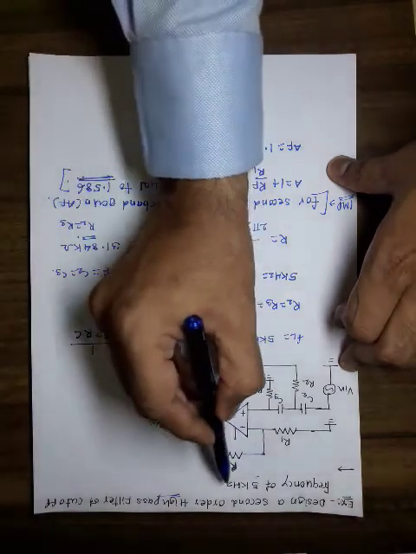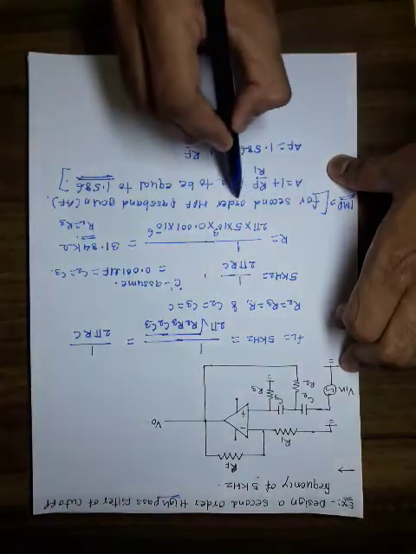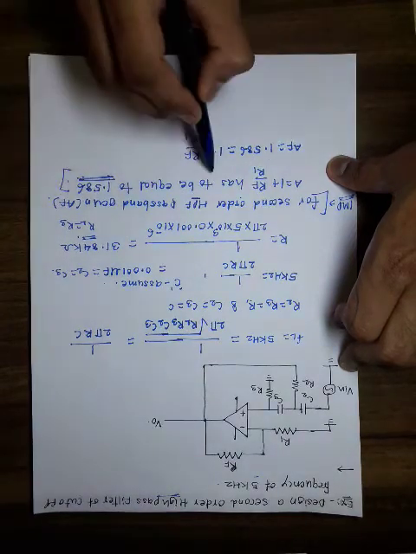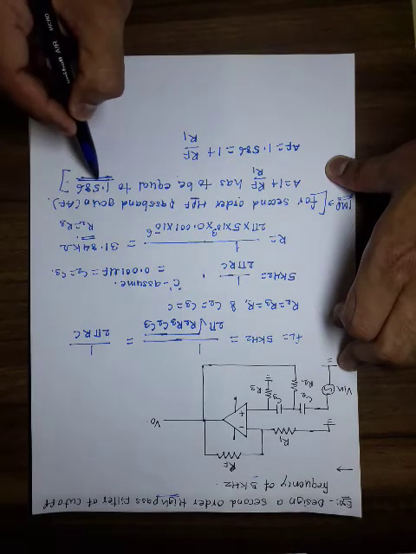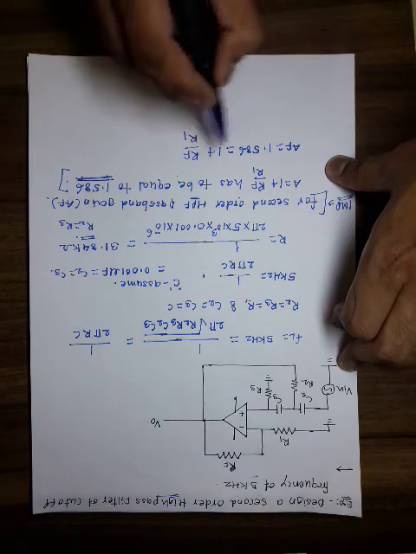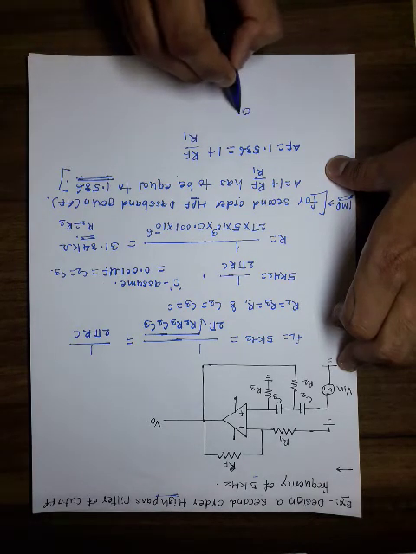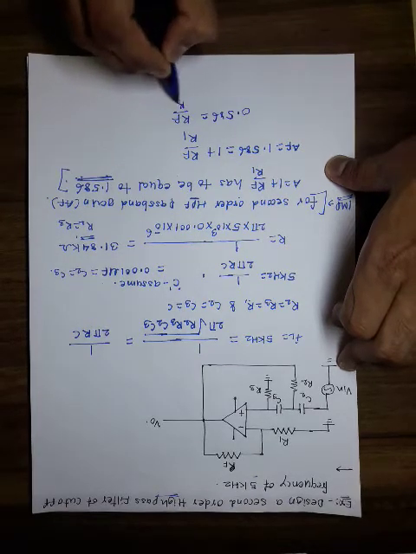In this numerical, the passband gain is not given, but for a second order high pass filter, AF has to be equal to 1.586. This is the value of the passband gain of a second order high pass filter. So this equation reduces to 0.586 equals RF upon R1.